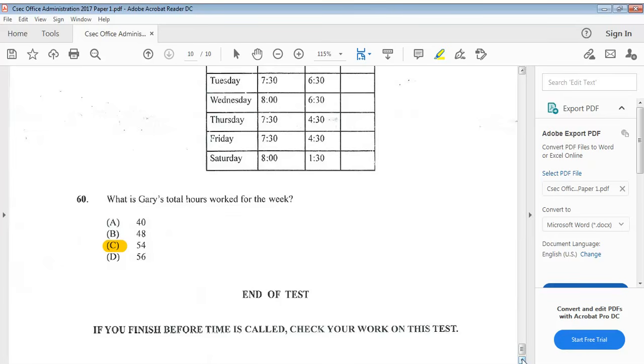Because usually CXC pulls questions from different past papers and compiles them. So you will always keep seeing questions repeating. So it's best to practice.